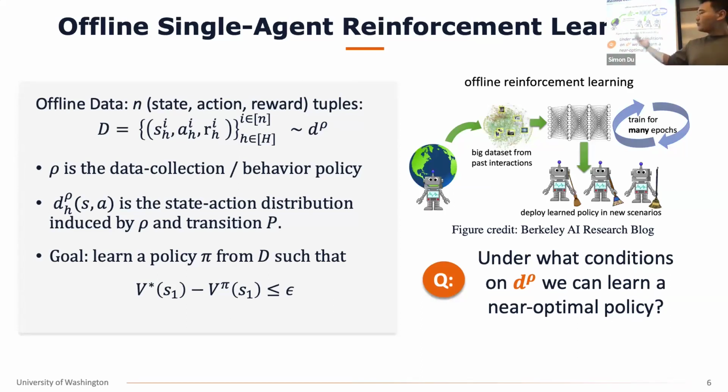But here, one important difficulty in reinforcement learning is that the policy that you actually deploy will generate a different distribution than the one you collected the data with. So you do need additional assumptions on the data collection policy so that you can argue the policy you learned is near optimal. So what kind of condition do we really need?